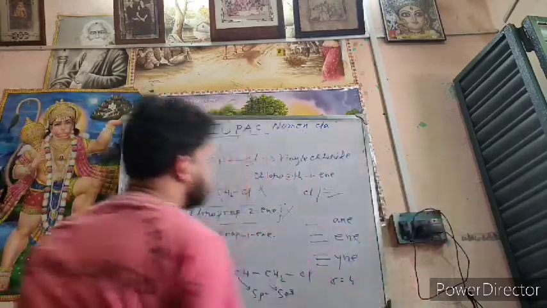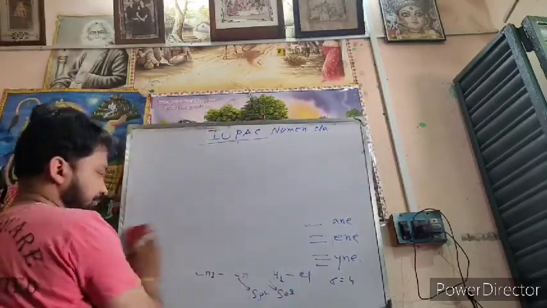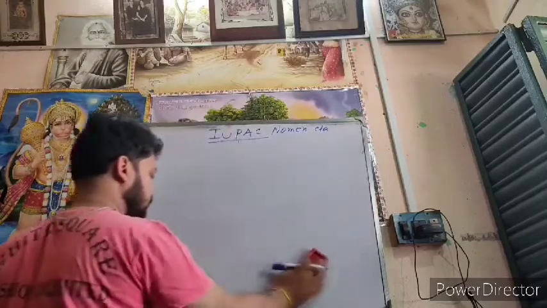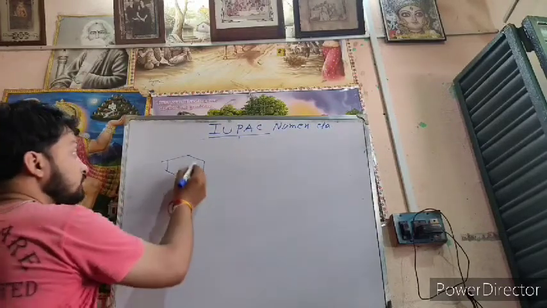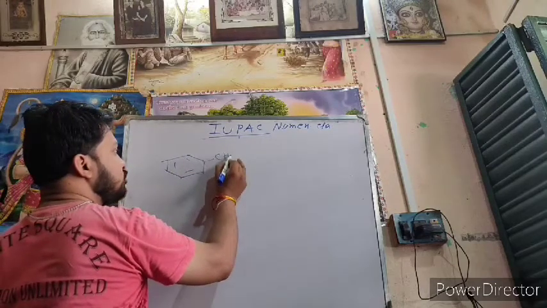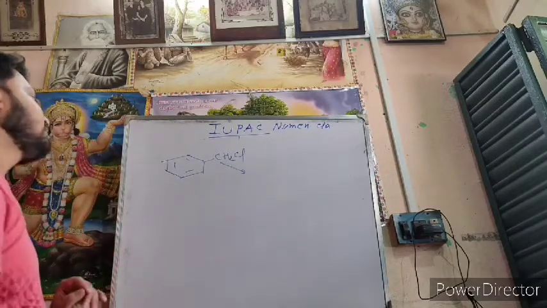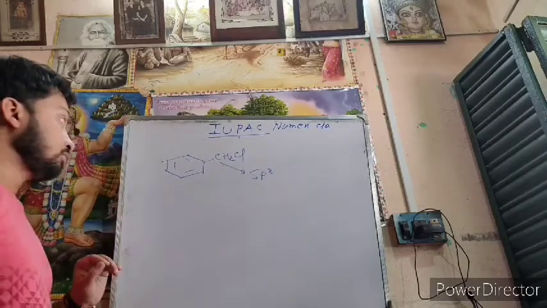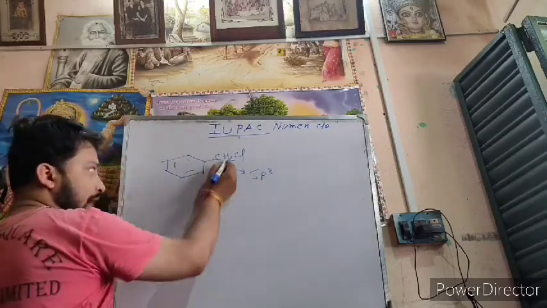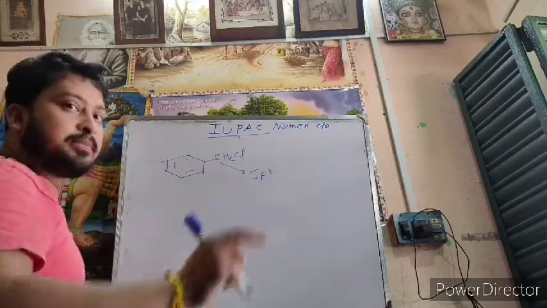Now take another example. This is benzene, CH2Cl. So this carbon is sp3 hybridized. Why? Because this bond is a sigma bond. Two hydrogens mean two sigma bonds, and one chlorine is also attached to this carbon with a sigma bond.